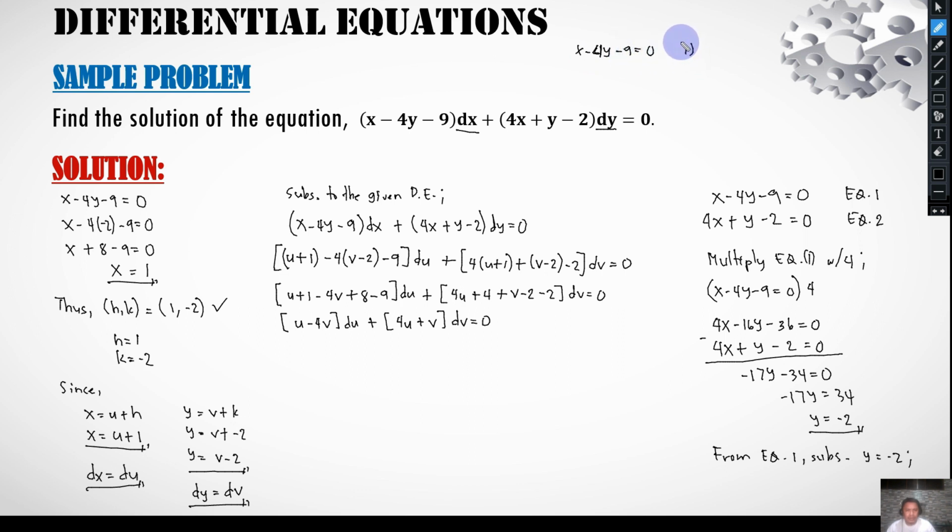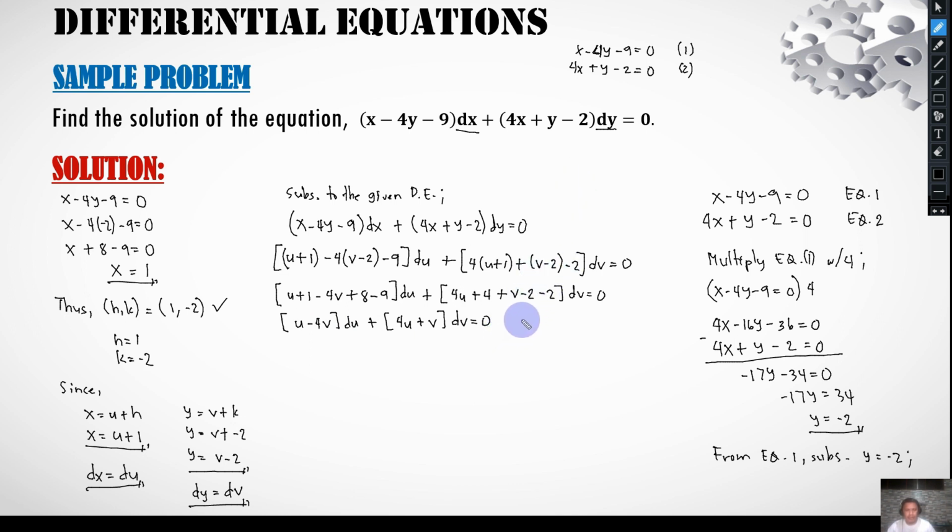Ito yung equation 1 natin. At saka itong isa, 4x plus y minus 2 is equal to 0. Ito yung equation 2 natin. At saka itong equation 3. Ito yung magiging equation 3 natin, students.